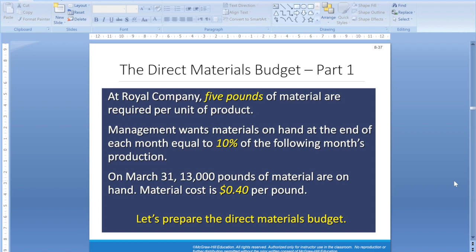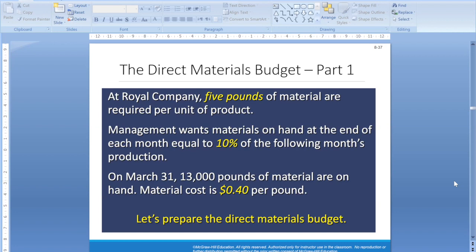If we say 5 pounds here, the 5 pounds is related to the raw materials units. So each one unit in the finished goods units needs, referring to our example, 5 pounds of material units, okay?